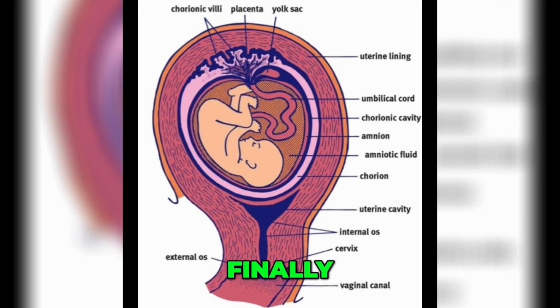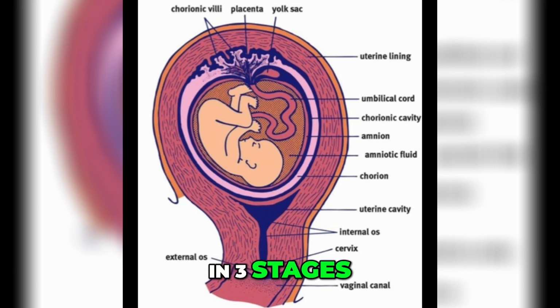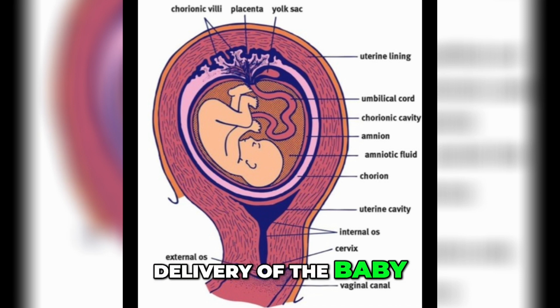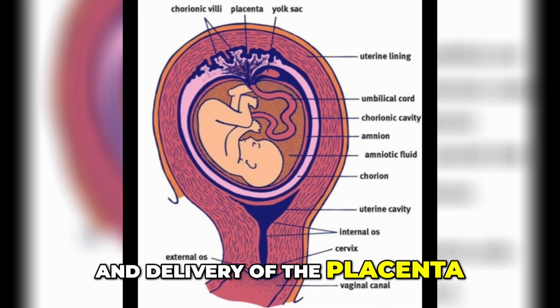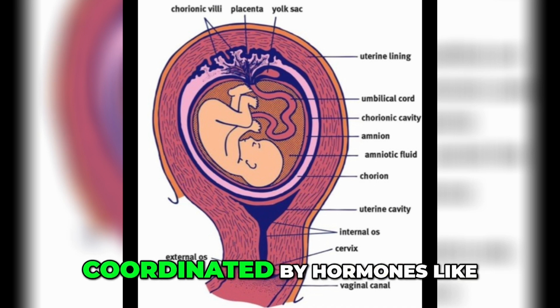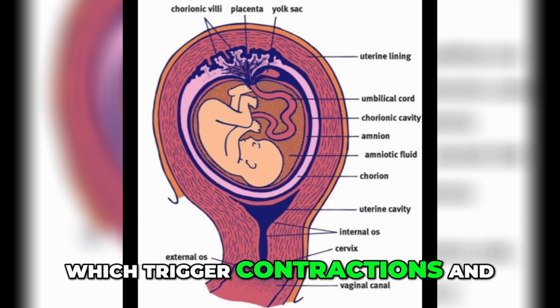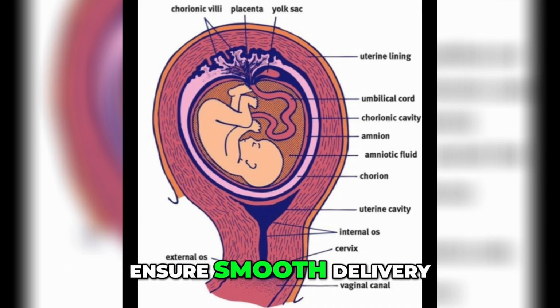Finally, birth, or parturition, occurs in 3 stages: cervical dilation, delivery of the baby, and delivery of the placenta. It's a remarkable process, coordinated by hormones like prostaglandins and oxytocin, which trigger contractions and ensure smooth delivery.